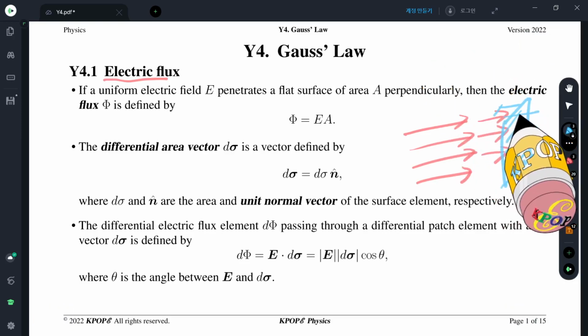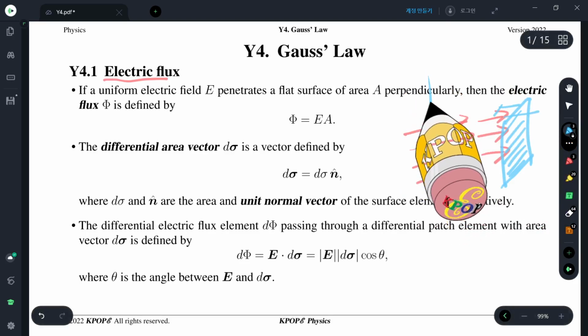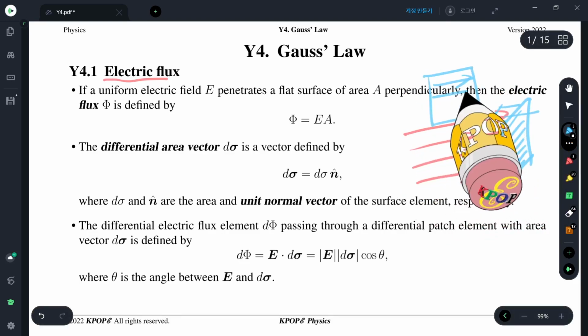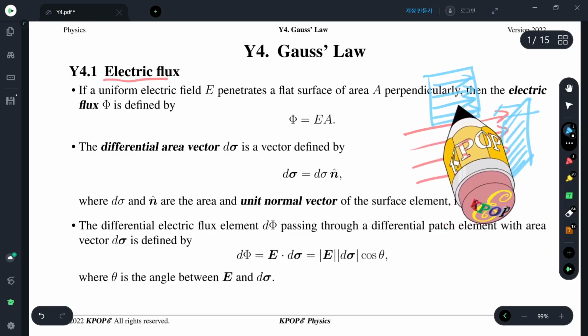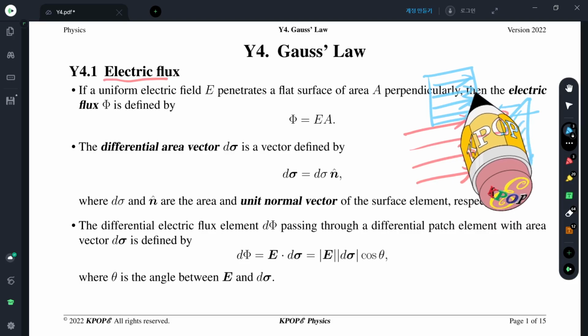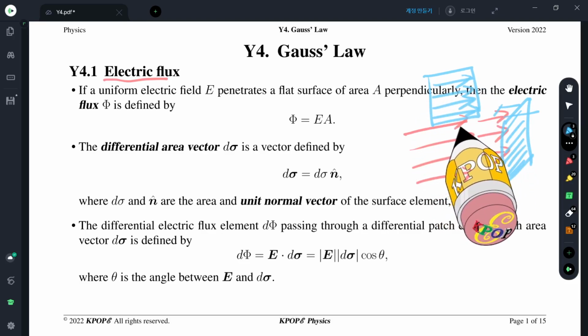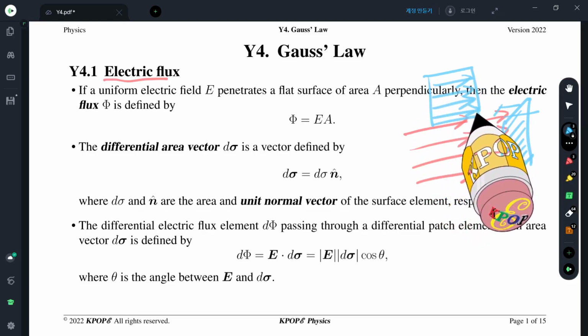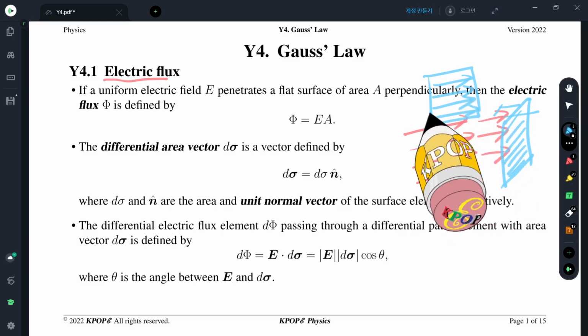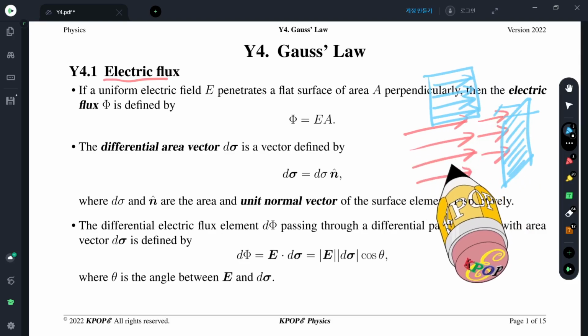If the surface is parallel, the electric field does not penetrate the plate, so we do not consider this case. That means the flux passing through this surface is zero when it is parallel.